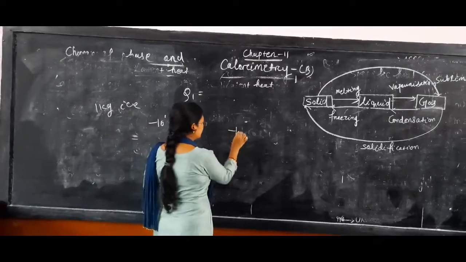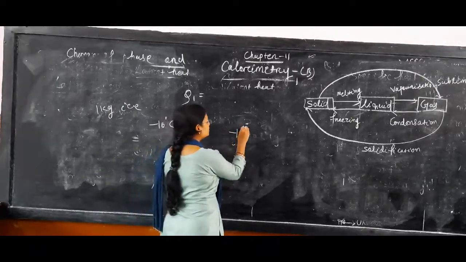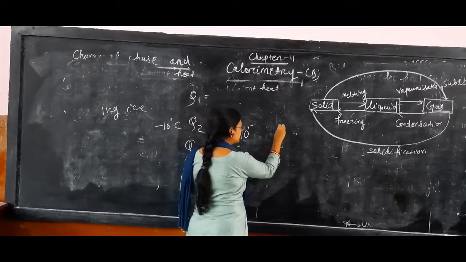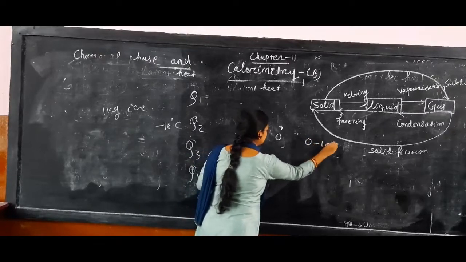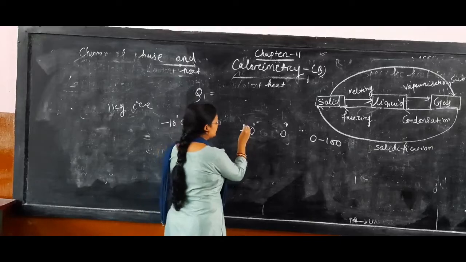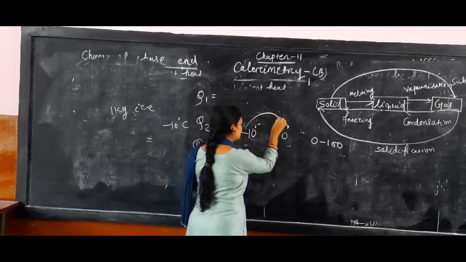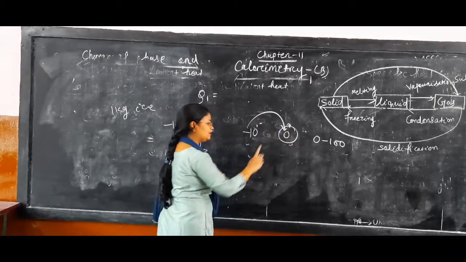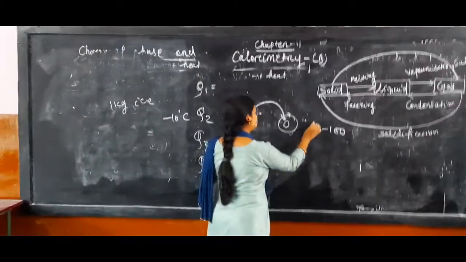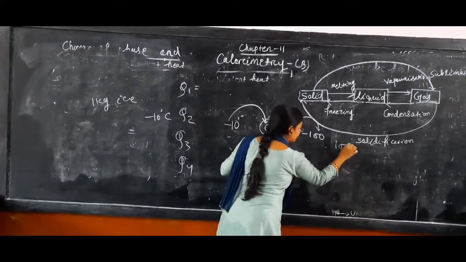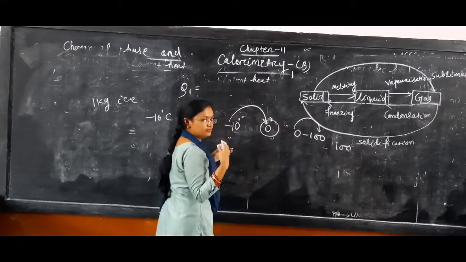First, minus 10 to 0 degrees Celsius, then 0 to 100. If you give heat, its temperature will change from minus 10 to 0, and at 0 degrees Celsius all the ice will melt. After that its temperature will increase from 0 to 100, and at 100 degrees Celsius all the water will vaporize.